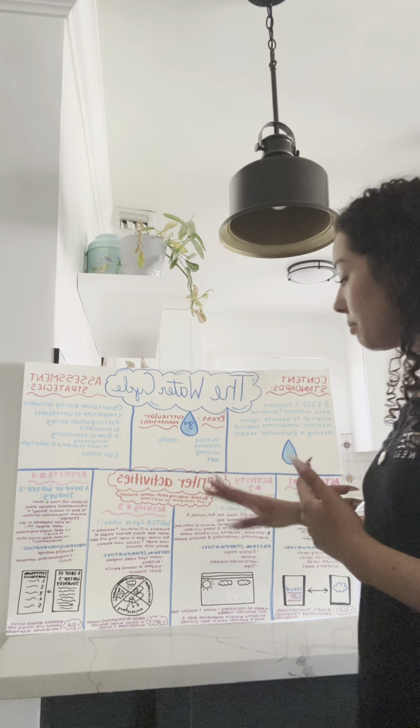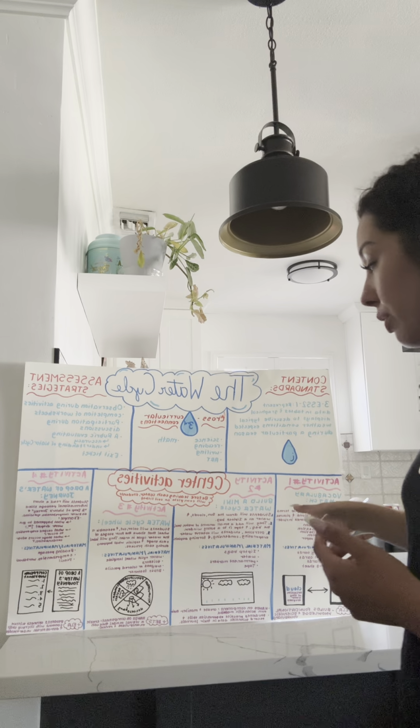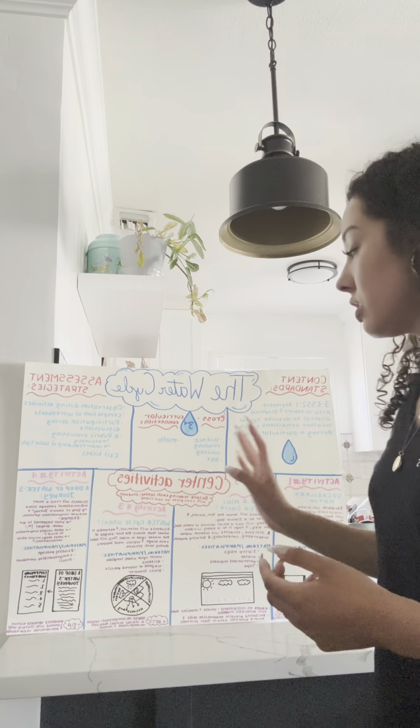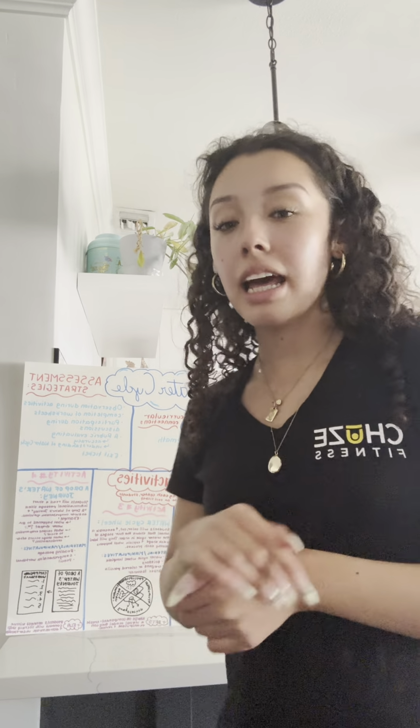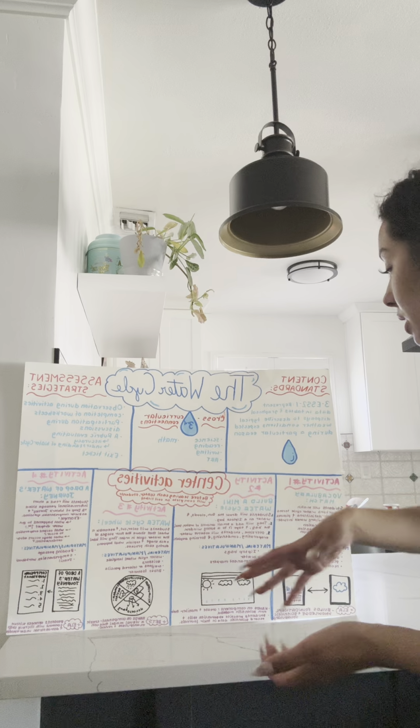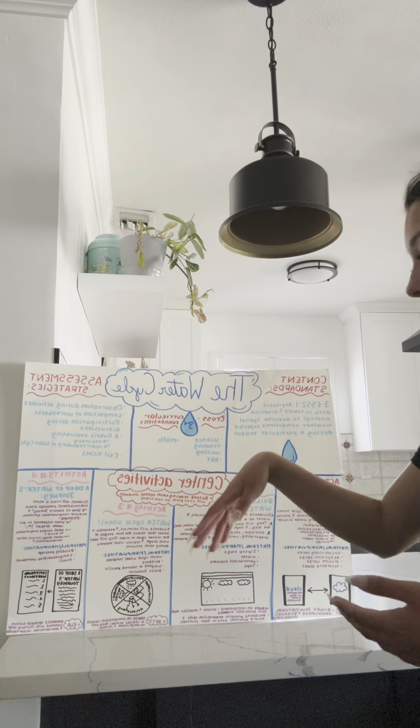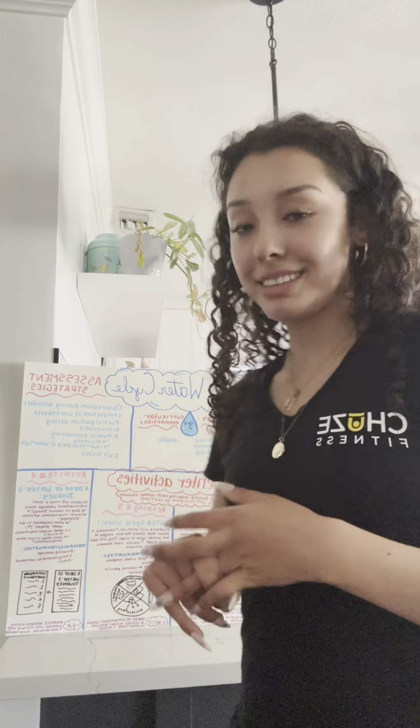Before leaving each center, students will complete an exit ticket, just so that I can make sure that each center is doing what it needs to be doing and helping them better understand the water cycle.